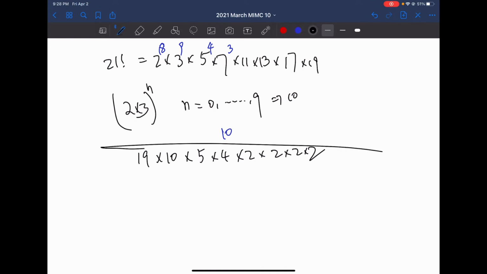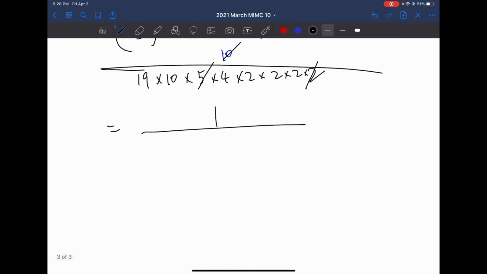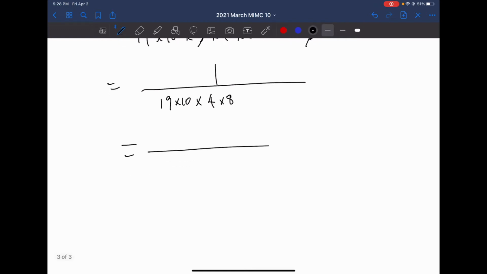And we can cancel these out with each other. So our numerator just would be 1. That will be 19 times 10 times 4 times 8. And calculating that out, we can get 32 times 19, or just add a 0, so it's 10.